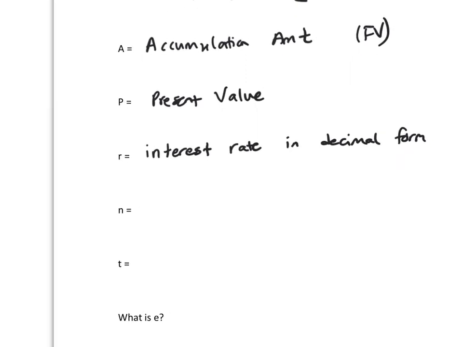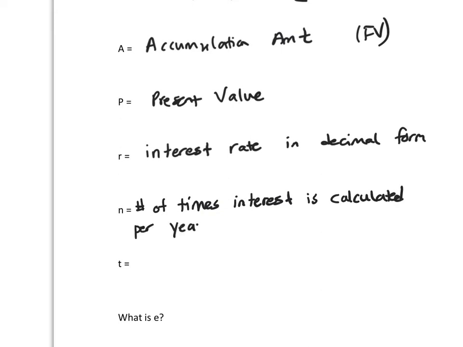N is the number of times interest is calculated per year. So if it said it's calculated quarterly, that would be n equal 4.